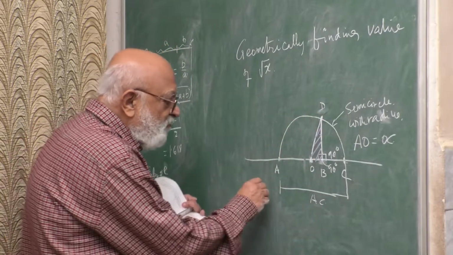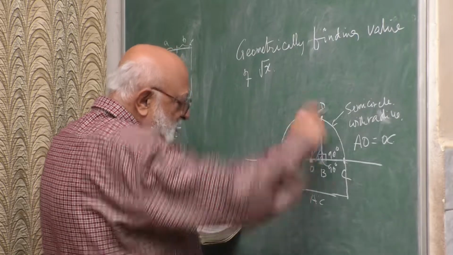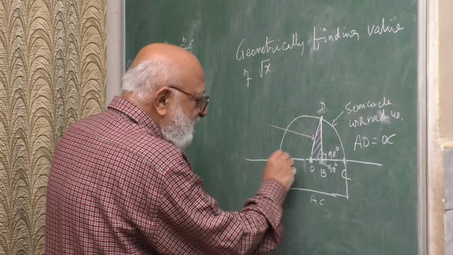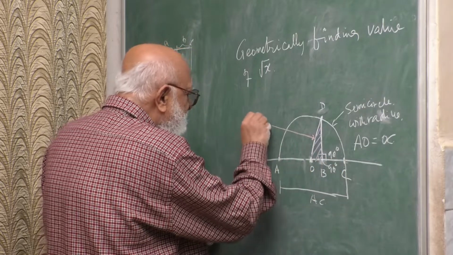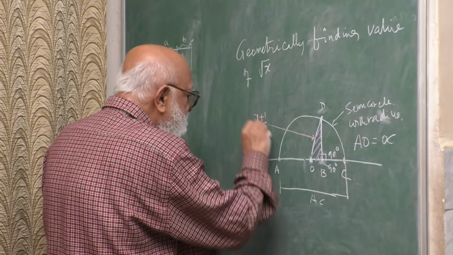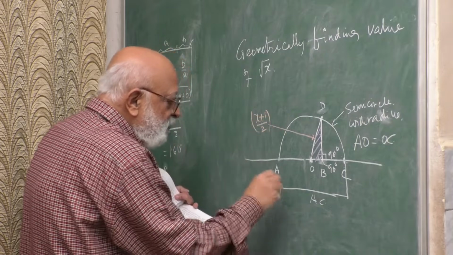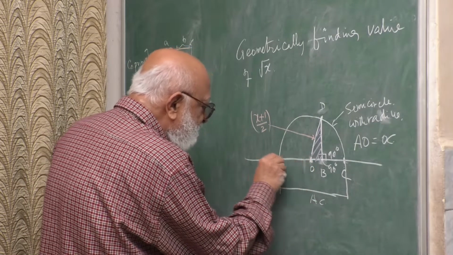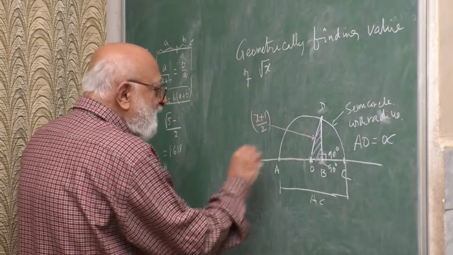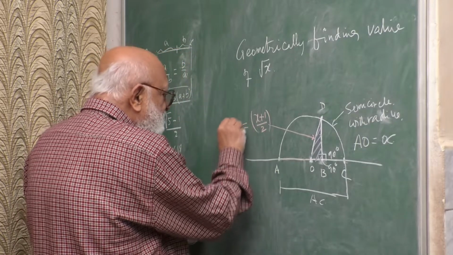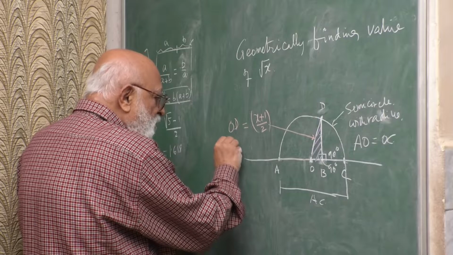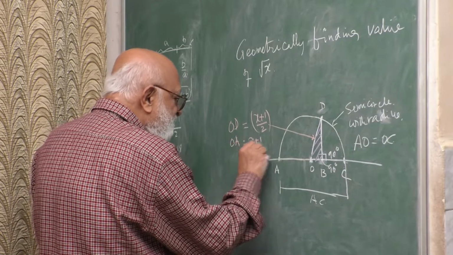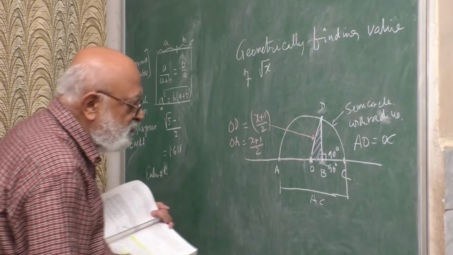What is the value of OD? It is the radius, because we have drawn it with that radius. What would be the radius? Radius will be (x plus 1) divided by 2. Agreed? What is this value also? OA. So OD is equal to OA, which is also a radius, equal to (x plus 1) by 2.